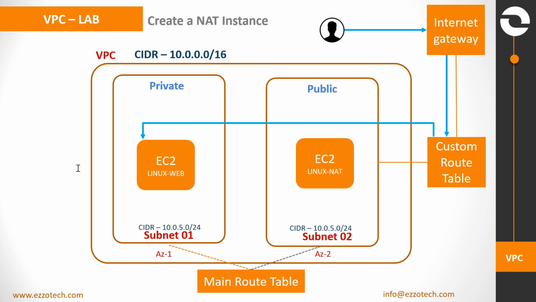Maybe because the internet gateway and the custom route tables are not attached to the private subnet. Internet gateway is not attached to the private subnet. Indirectly, you can say that, but how can an internet gateway be attached to one subnet?